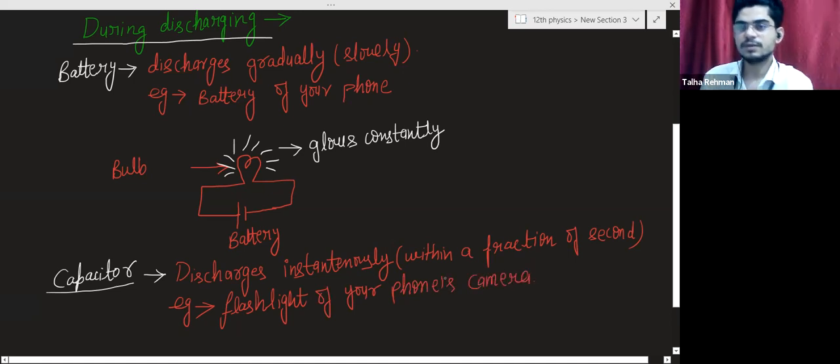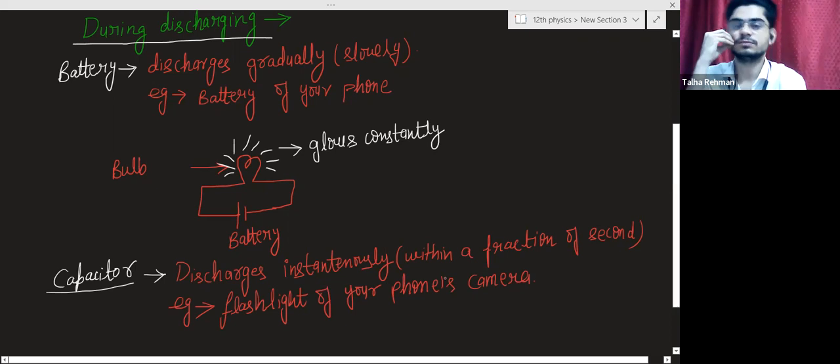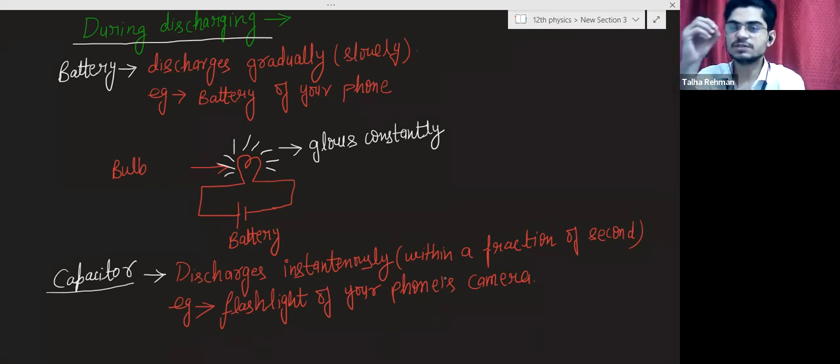You can say the bulb of that flashlight is connected to the capacitor. So the capacitor discharges instantaneously within a fraction of a second. It will lose all its energy, but the battery will lose its energy gradually.